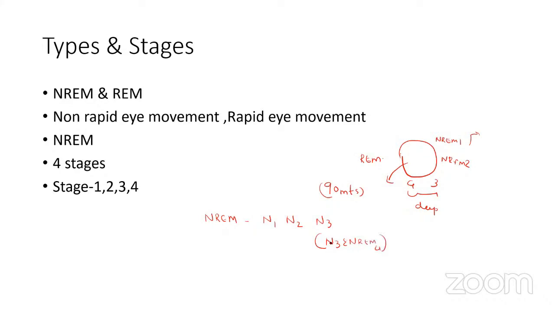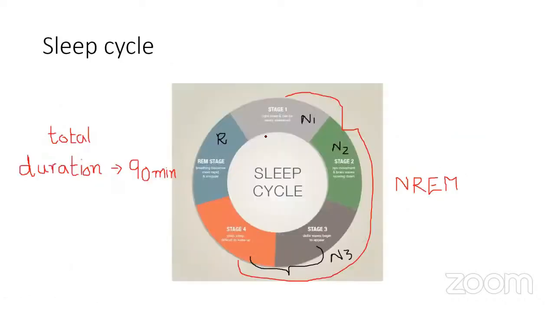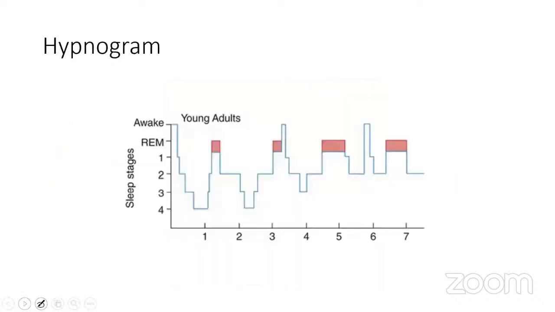And REM is represented as stage R. This is the recent classification of sleep. This is a sleep cycle: N1, N2, and N3, where N3 includes NREM stages 3 and 4, and R is the last stage, REM sleep. This is represented by a hypnogram.